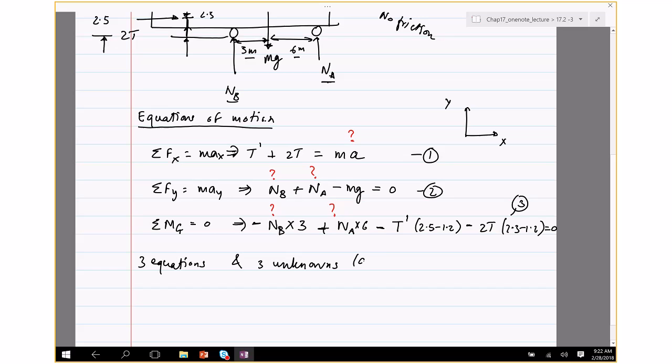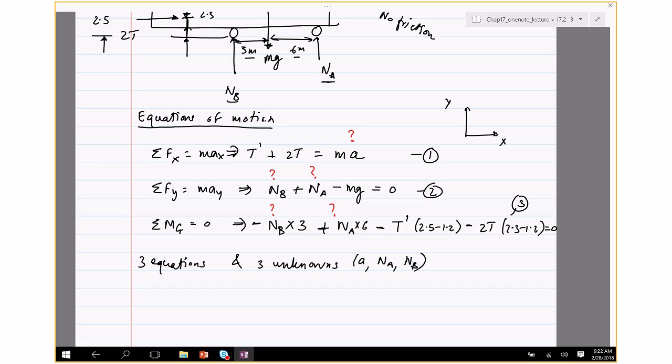The unknowns are A and B, and the acceleration. And clearly, if you have three equations and three unknowns, you can solve them. In fact, you can easily solve for NA here because you know T prime and 2T. Once you get that, you'll have two equations, two unknowns, and that's super simple to solve, right? Because you can sub in the value of NA here and then solve for NB. So I'm just going to give you the final answer.